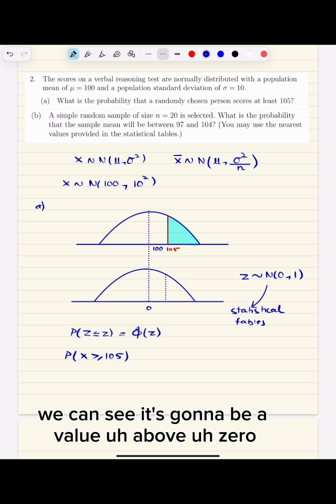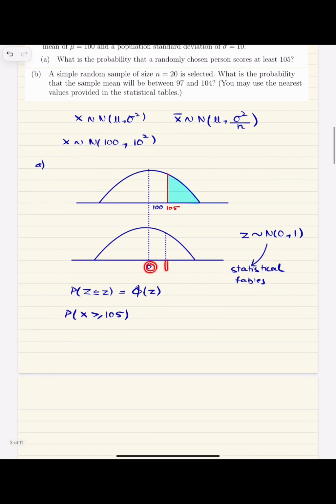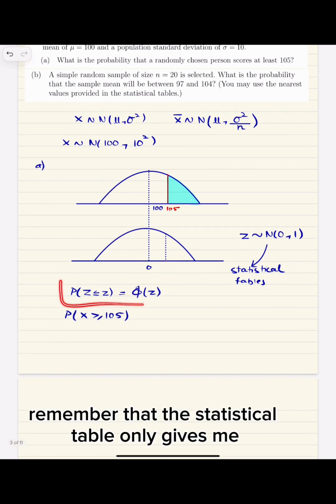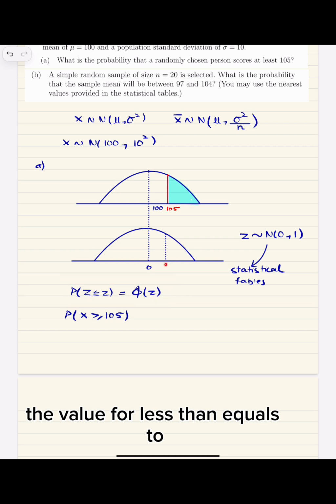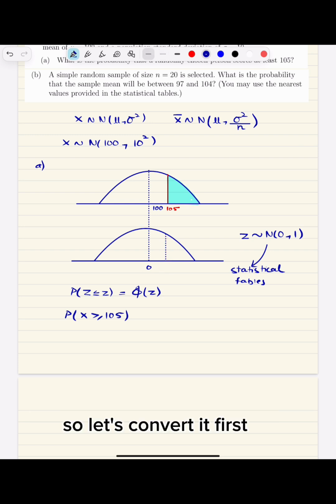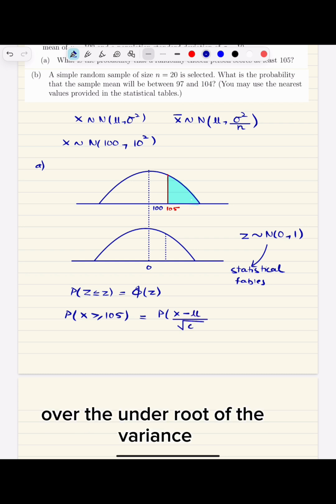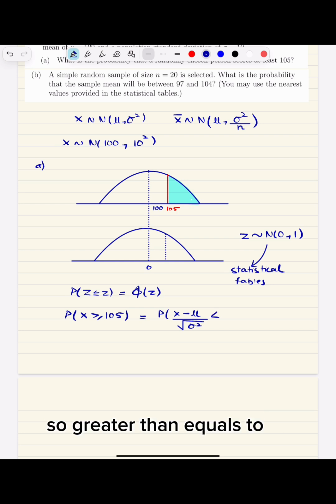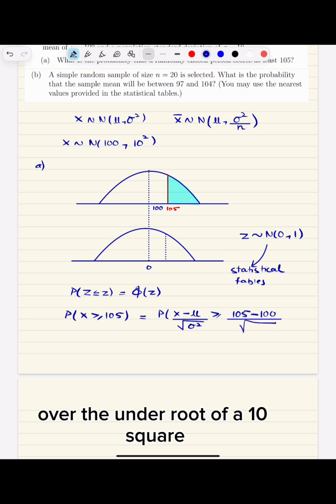It's going to be a value above 0, and remember that the statistical table only gives the value for less than or equal to. First, let's convert it. We have x minus the mean over the square root of the variance, greater than or equal to 105 minus 100 over the square root of 10 square.